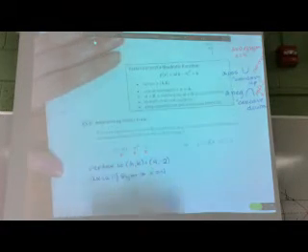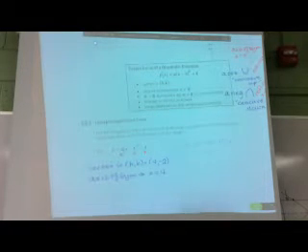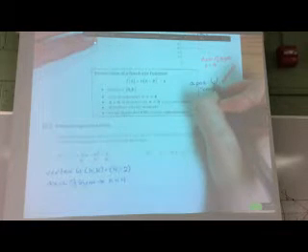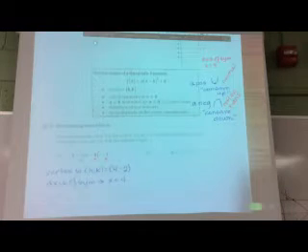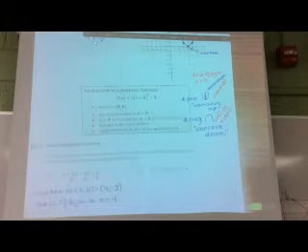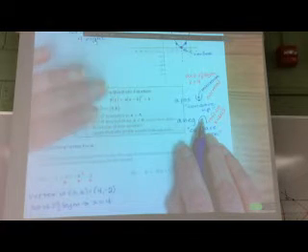Okay, what's next? Now, let me ask you, based on the sign of a, is this shaped like a U or is it shaped like a hill? U. It is shaped like a U. So let me point out something to you. There is the vertex. In that graph, this is a minimum. In other words, it's the lowest point. If a is negative and you have what looks like a hill, here's your vertex.